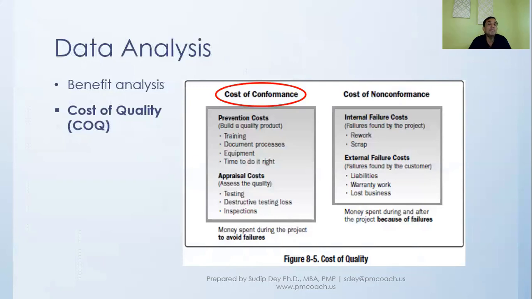For example, when we put the team through training, that's a conformance cost, because they can deliver a better quality product. We document, so that will give us a better product. We might get some equipment or tools, and that will cost us additional money, but the idea of making that extra expense is to ensure that we have a good quality product.